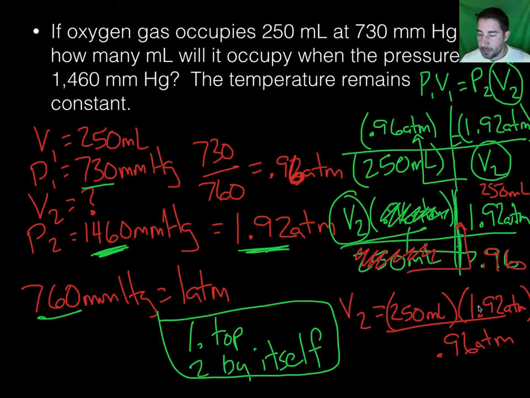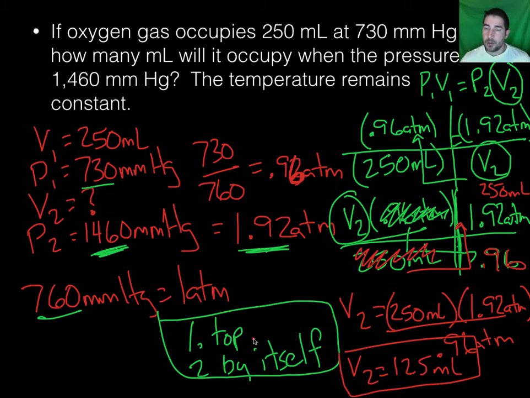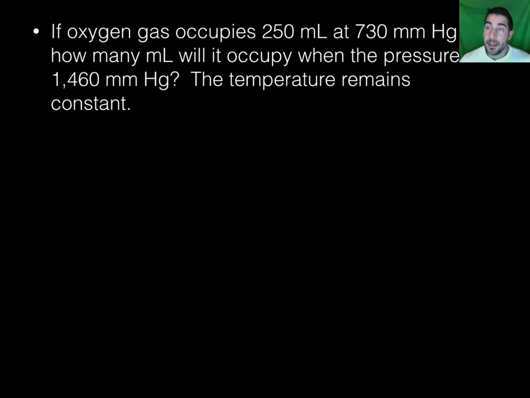Multiply 250 times 1.92 and divide by 0.96, and V2 equals 125. And what we measured in, we're doing volume, so it's going to be milliliters. All right, and there's my answer. So those are the steps that I took to solve this. We'll do some more practice in another video. This one's getting a little bit long, but that's it.